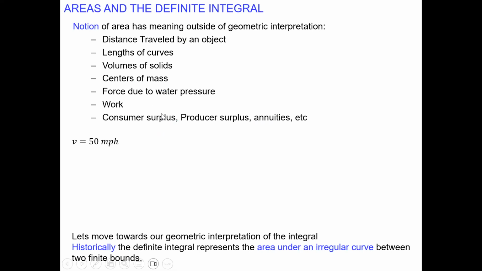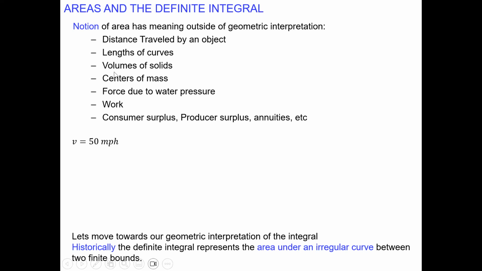And this process is extremely important, and we have lots of applications. I just named a couple of them, like how from the rate of change, from the derivative, we can recover the original amount. Like the distance traveled by the object, that's what we just discussed. Having the velocity, how we can find the distance.